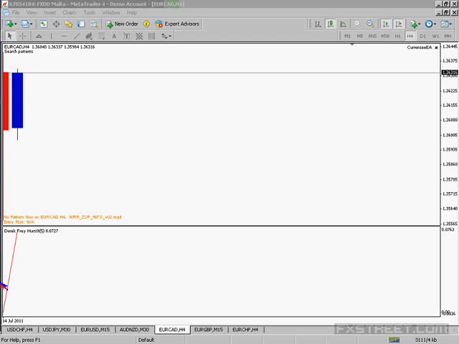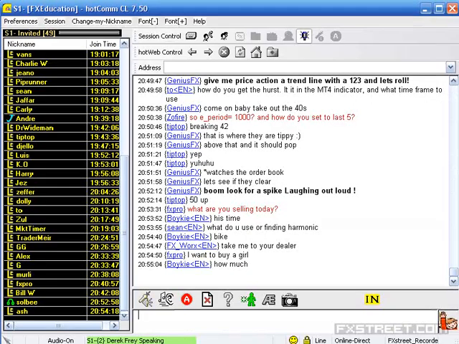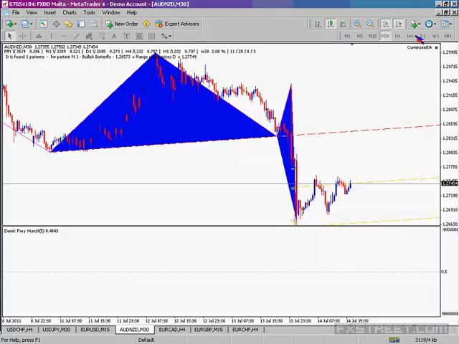What do you use harmonic patterns for? I guess I don't know what the question is, but if you're asking what harmonic patterns I use: these babies, bats, butterflies, Gartleys, crabs, you name it.